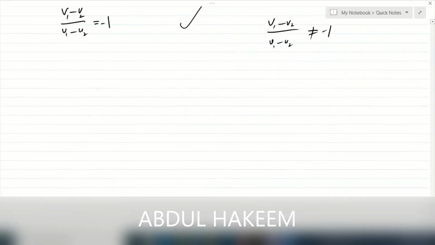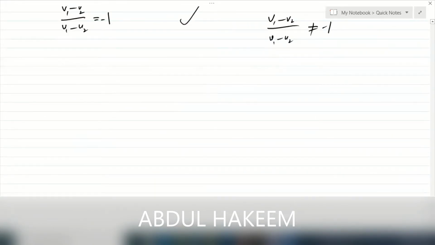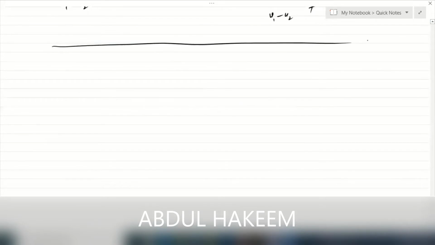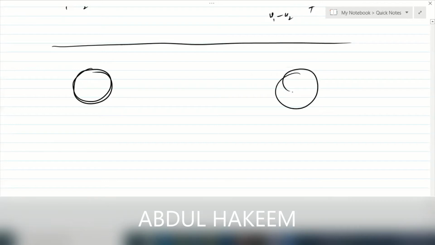Now, if the objects are identical, there are a few observations. This object is at rest. This one is moving with a certain speed, a certain velocity v.